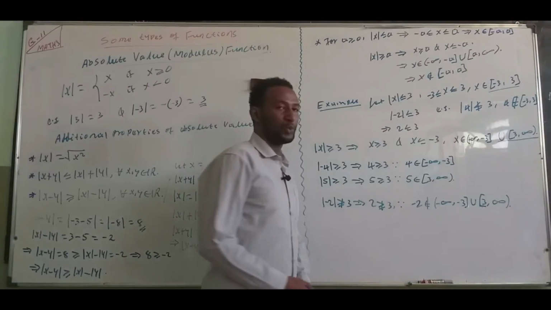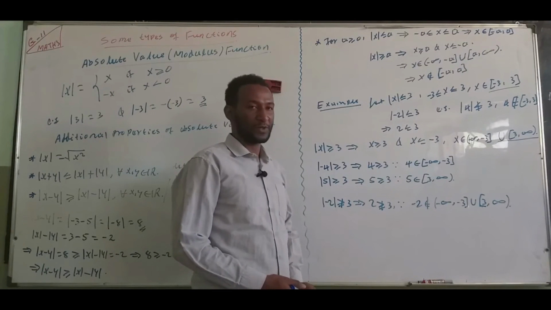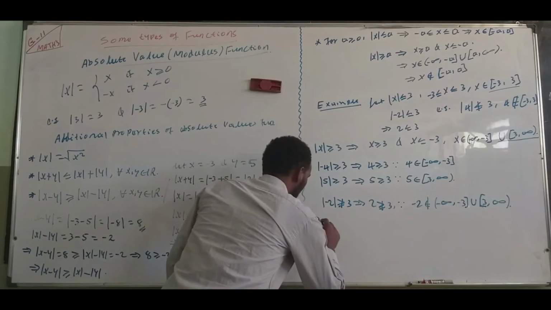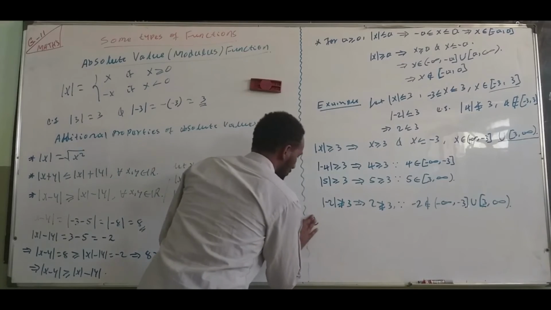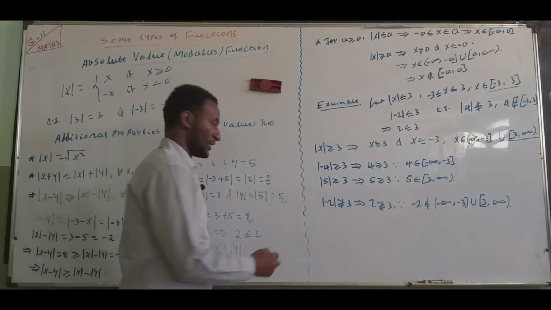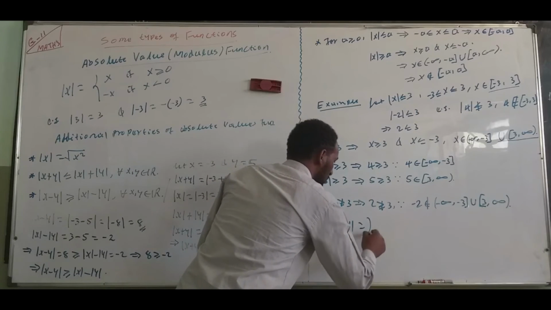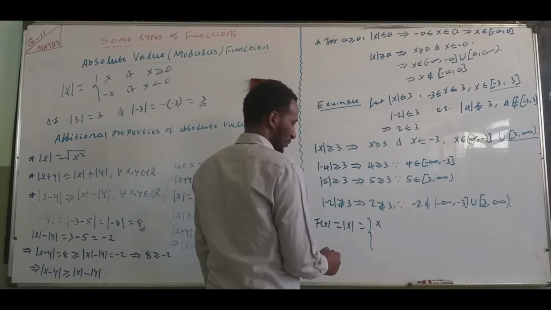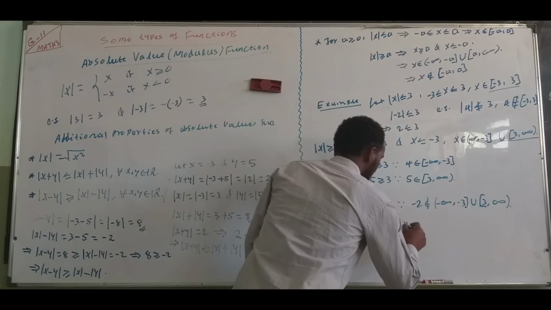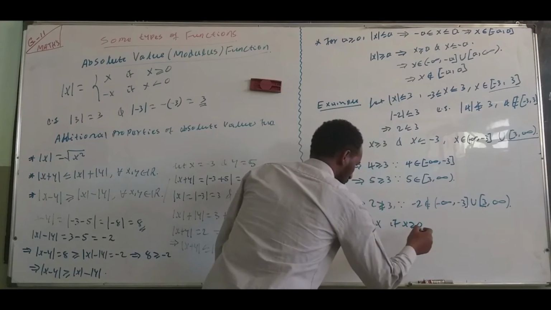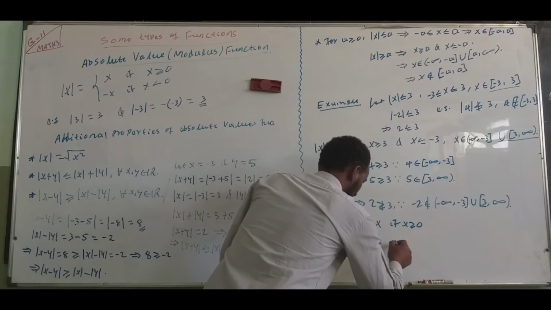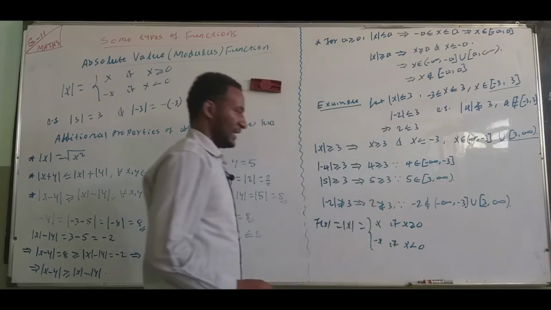Then, when we conclude the absolute value function, generally the absolute value function is written in the form f of x is equal to the absolute value of x, which is equal to x if x is greater than or equal to 0, and negative x if x is less than 0.